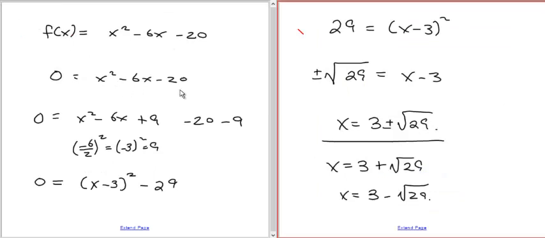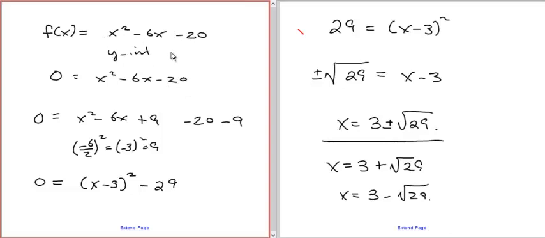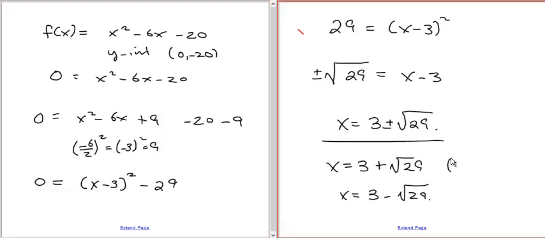Okay, so we have the y-intercept. If you go back to the original equation here, set x equal to 0. So the y-intercept is going to be 0, negative 20. The x-intercepts are 3 plus the square root of 29, 0, and 3 minus the square root of 29, 0. Those are the points.